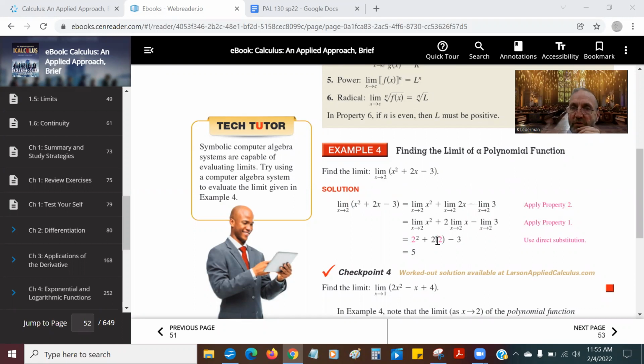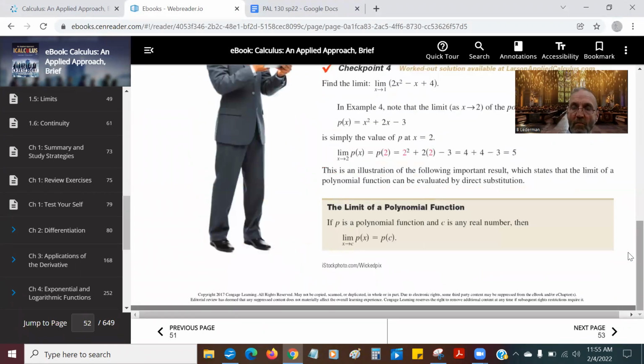And if I would say the x down here, as x approaches 1, that will be 2 minus 1 plus 4, which is 5. So if you have a polynomial function, just stick the number c, whatever that limit number is, into the polynomial, and that's going to be your answer. Like we stuck in 2, we stuck in 1, and so on and so forth.